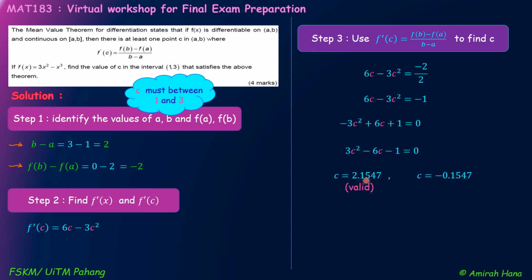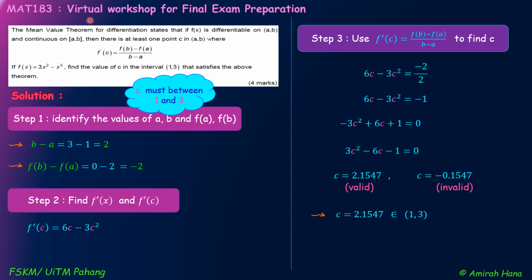This value is valid in this interval, but this value is invalid in this interval. So the answer is c equals 2.1547, valid in interval (1, 3). So this is our final answer.